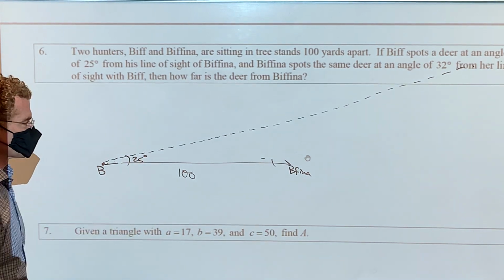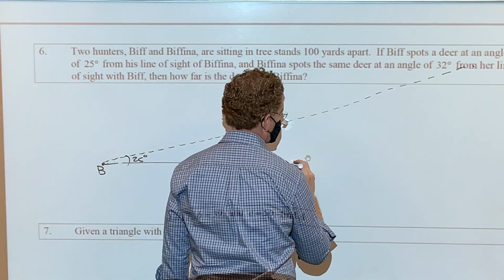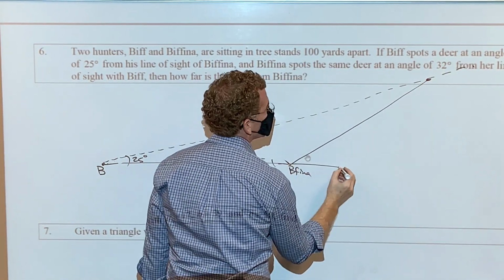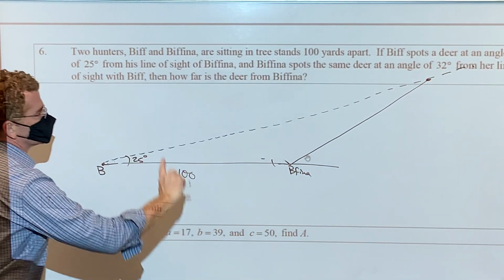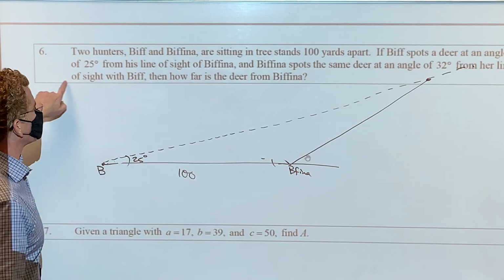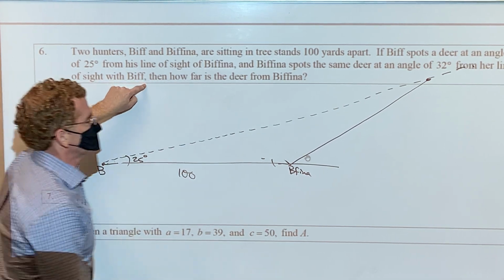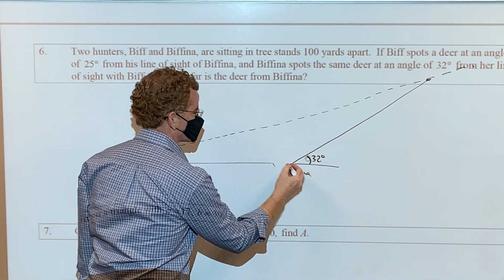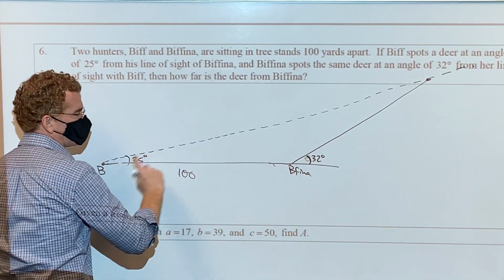Actually, that's not true. If I didn't say from her line of sight, this is not true right here, because if I say from the line of sight, that means she has to be looking at Biff and marking it.